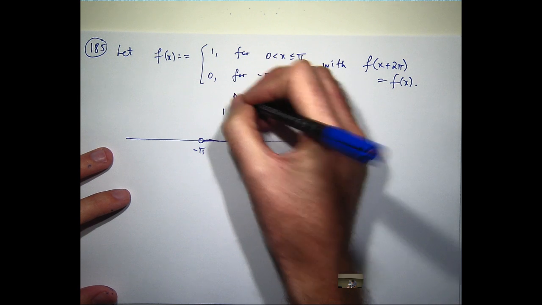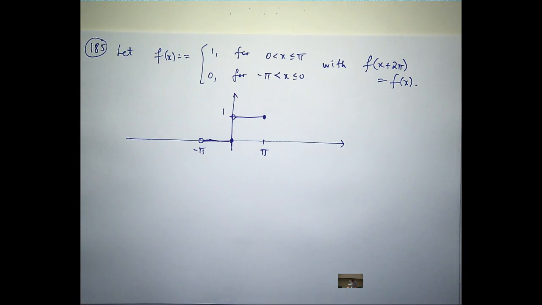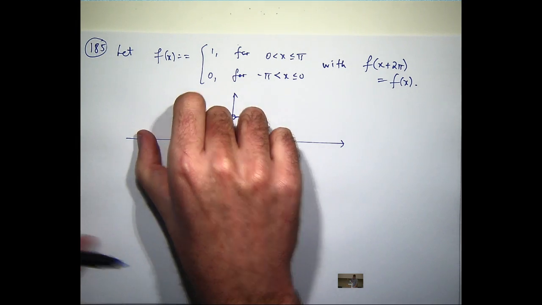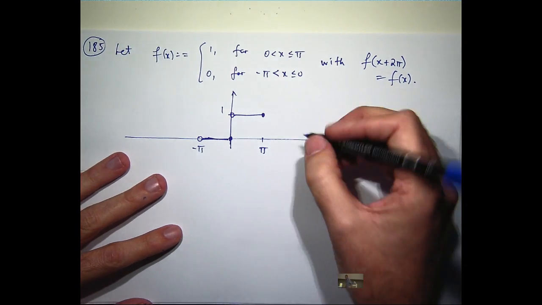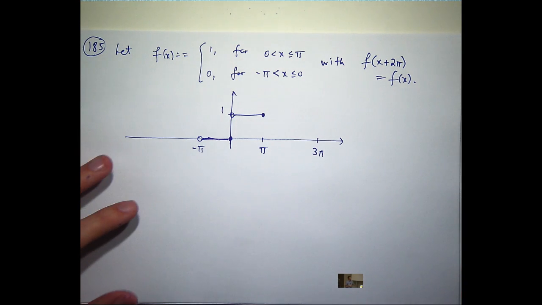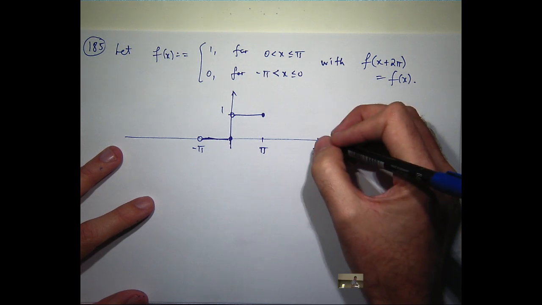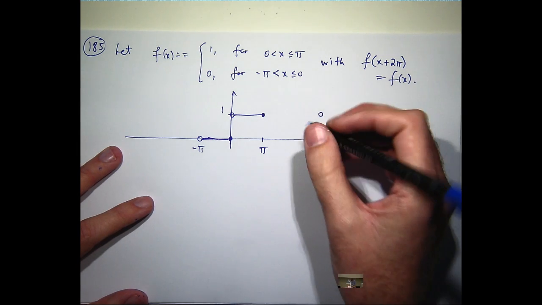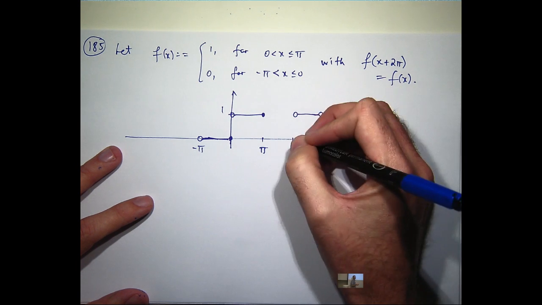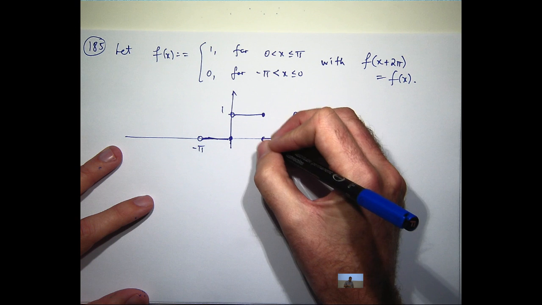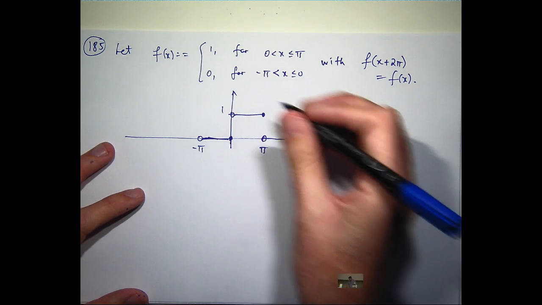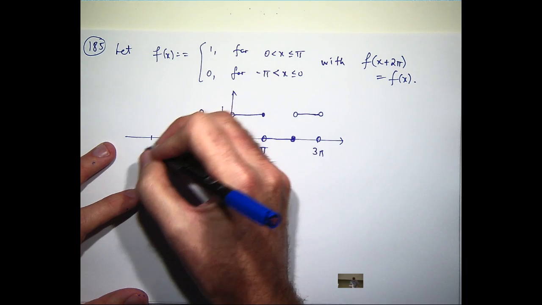Okay, here's my function on the interval minus pi to pi. So let's copy it and paste it. Copy it and paste it. And I'll just draw it on the interval minus 3 pi to 3 pi. Okay, so I'll just continue this over here.